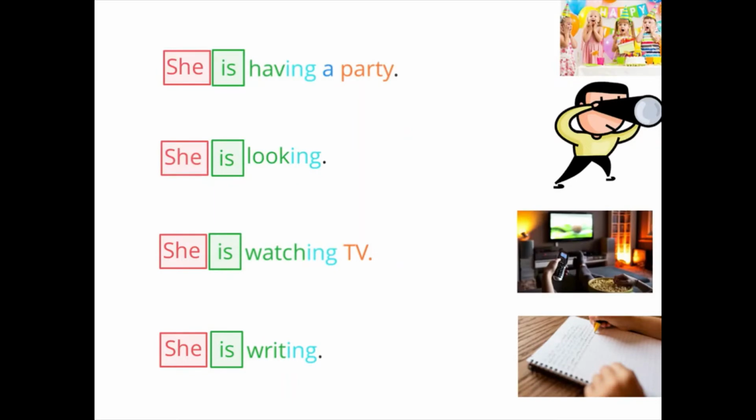A difference between look and watch has to do with how we say what we are looking at or what we are watching. With look, we cannot put look and then TV. We cannot say she is looking TV. We have to have the preposition at. So if we say looking, we have to say at the TV, period.